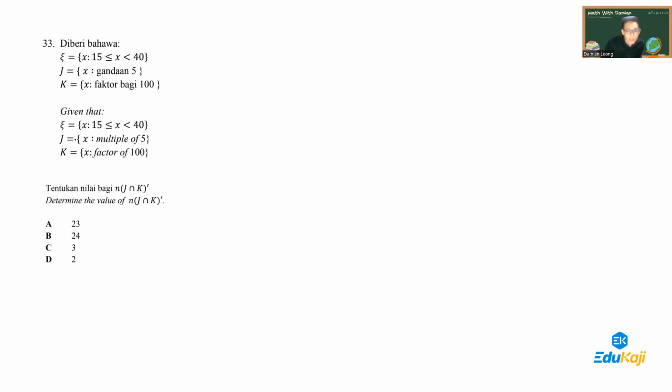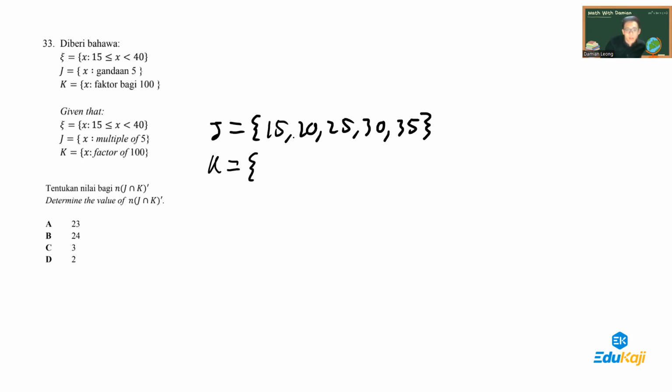Question 33 here. I'm given universal set J, set K, determine n(J intersect K complement). So let's look at what's inside set J. Multiples of 5. So 15, 20, 25, 30, 35. 40 is not included because the universal set is less than 40. Every set has to follow the universal set. Factors of 100. So 100, I can divide 20, 25.